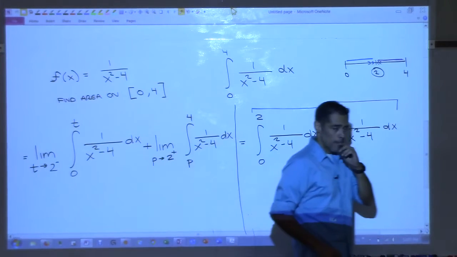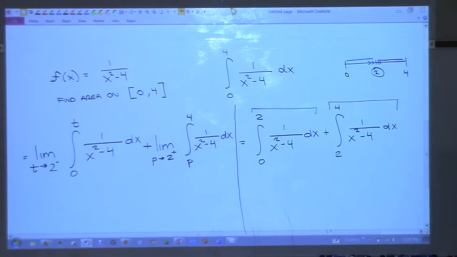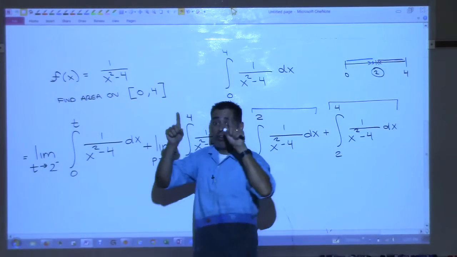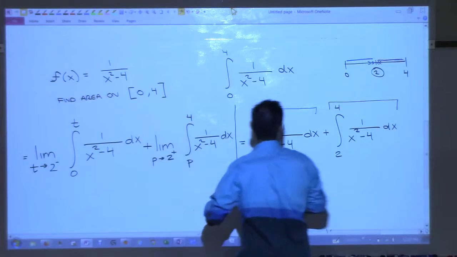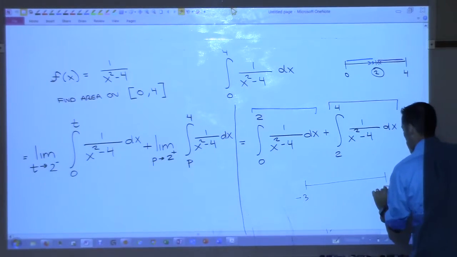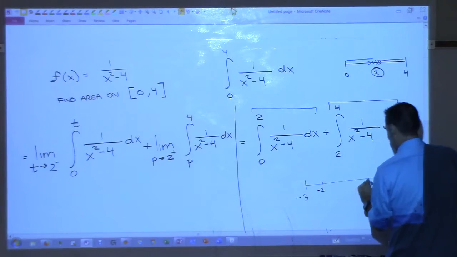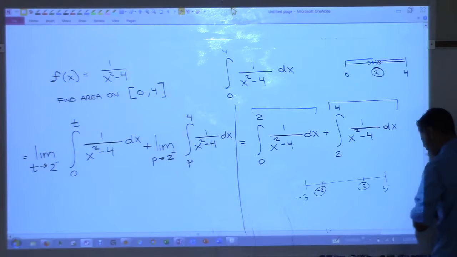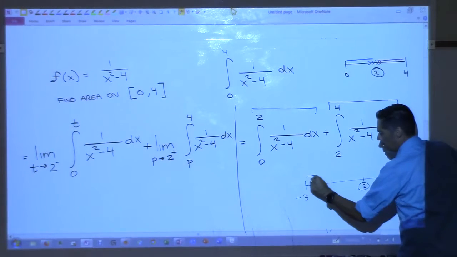Yes? If it would have been from like negative 5 to 4 or something, would you have split this up into like 3 different ones? 4 integrals. The question was if this went from like negative 3 to 5 and included both of them, then what we would have had was this. Then you would have had a problem at negative 2 and at 2. So you have problems here and here. So you would have to do one integral right here, right?